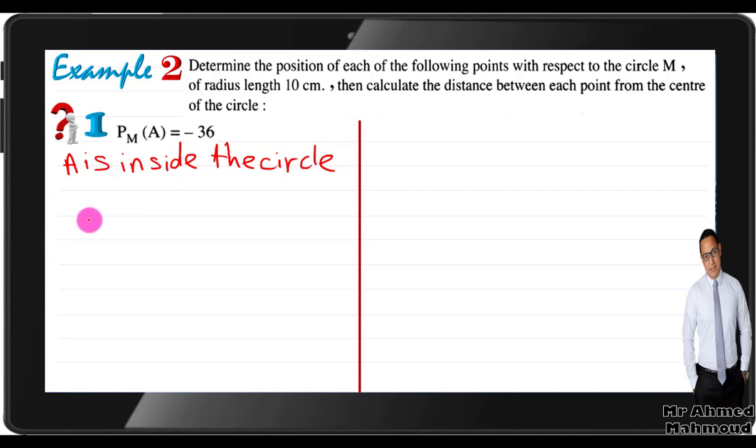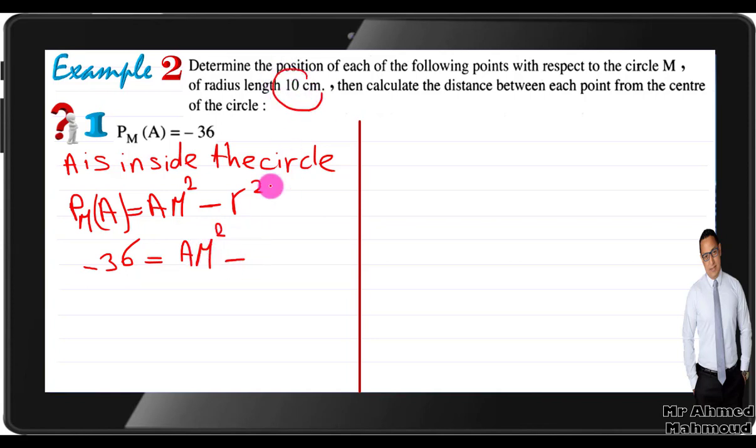Okay, now to evaluate AM, I'm going to write the rule here. P of A with respect to M equals AM power of 2 minus R power of 2, so negative 36 equals AM power of 2 minus R power of 2.